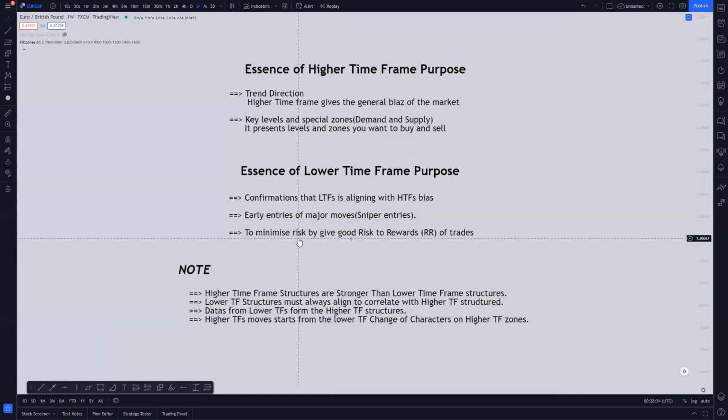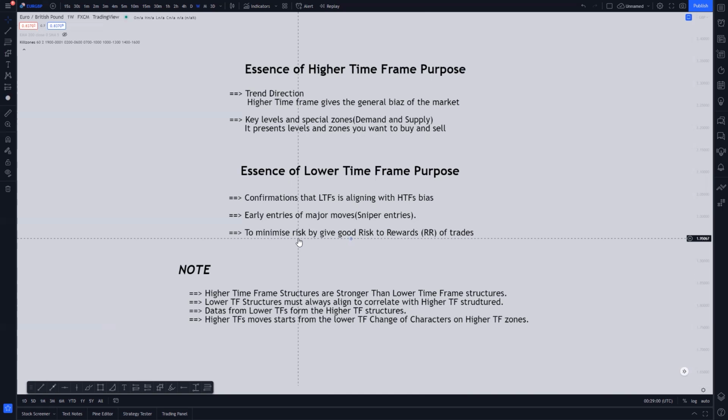Then the third essence of lower time frame, which is linked to the first two, is to minimize risk by giving good risk to reward. You can imagine having a zone on higher time frame, and if you take that trade based on the higher time frame zone, maybe demand and supply, you might have close to 50, 60 or 70 pips stop loss.